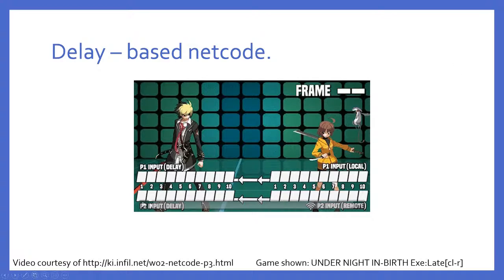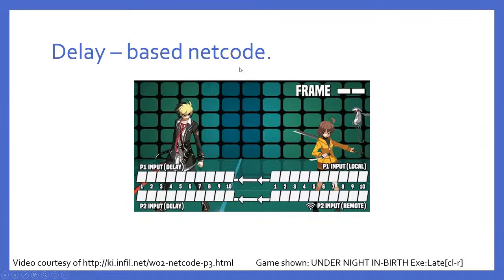So if a frame takes around 16.6 milliseconds and it takes 45 milliseconds to send from this person to this person, that's around 3 frames of latency between each player.